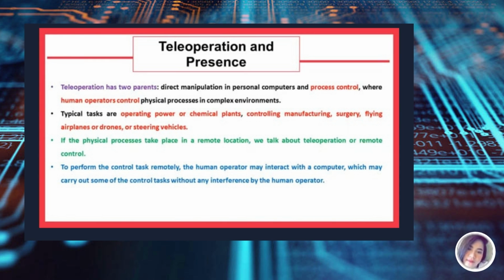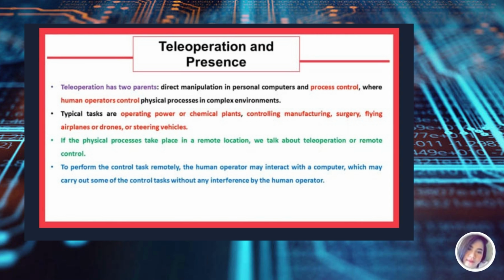Teleoperation and presence. Teleoperation has two parents: direct manipulation in personal computers and process control, where human operators control physical processes in complex environments. Typical tasks are operating power or chemical plants, controlling manufacturing, surgery, flying airplanes or drones, or steering vehicles.